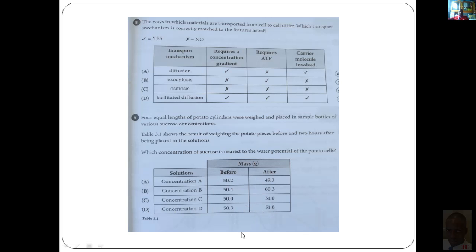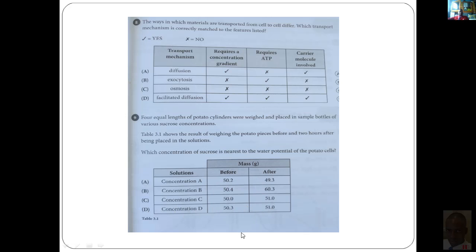B says it was at 50.4 grams before, and then after 2 hours it went to 60.3. Now that shows that there was an increase in the mass, and therefore it meant that it was placed in a solution where it had a high water potential. So water moved into the cell and increased the mass.